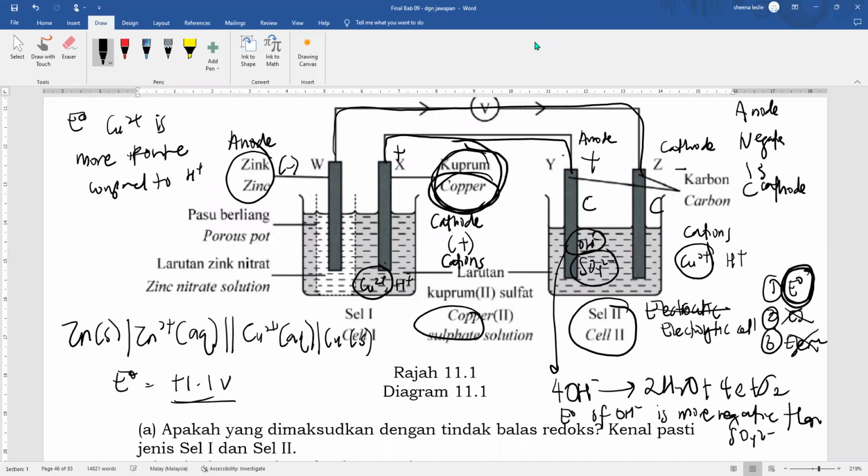If they ask you why you chose Cu2+, you cannot say ECS anymore. ECS was just a simple way for you to choose. Your reason should be: the E naught value of Cu2+ is more positive than H+. You cannot use the word electropositive, because my factor is E naught.